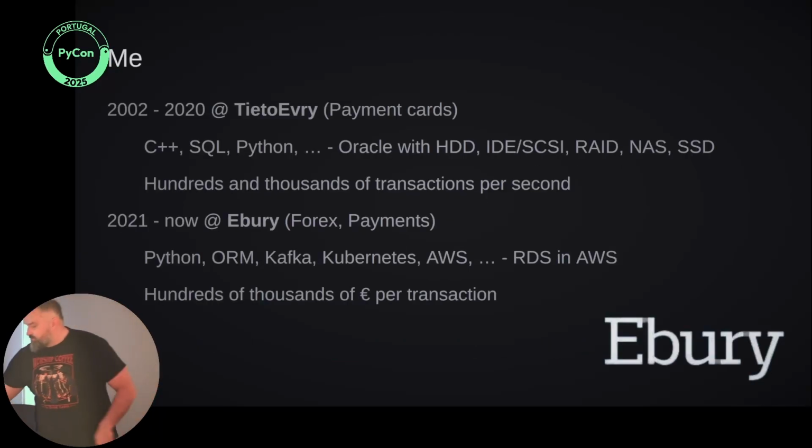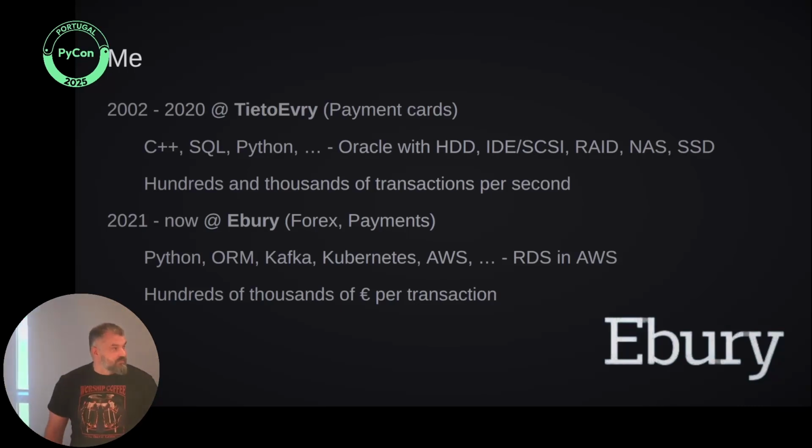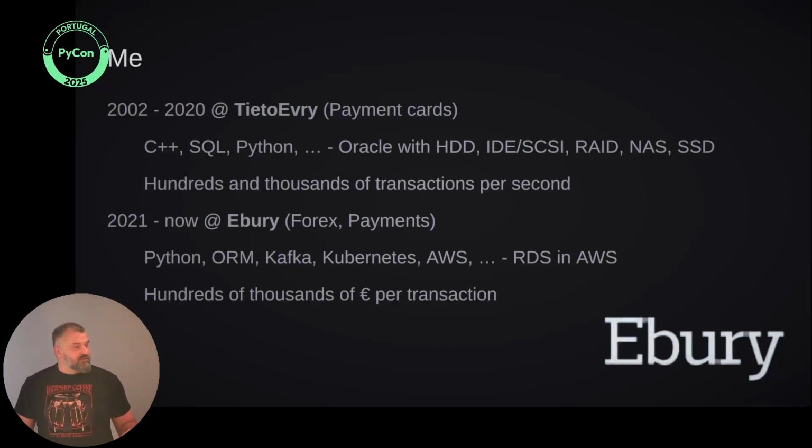So first about me, I used to work for a lot of years on a bleeding edge of performance and tuning databases. We went through the old style spinning disks, SCSI disks for enterprise servers, and then different sets of RAID disks, network attached storages and so on.